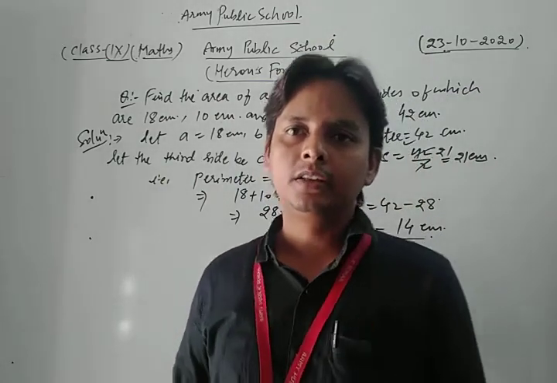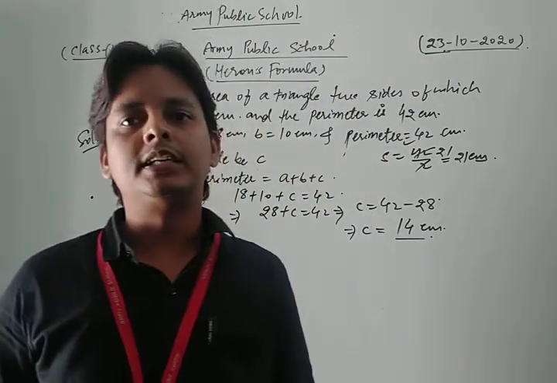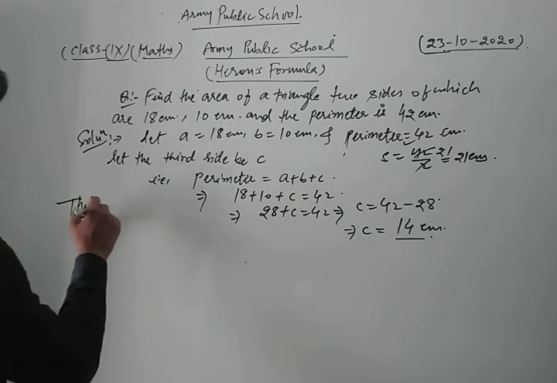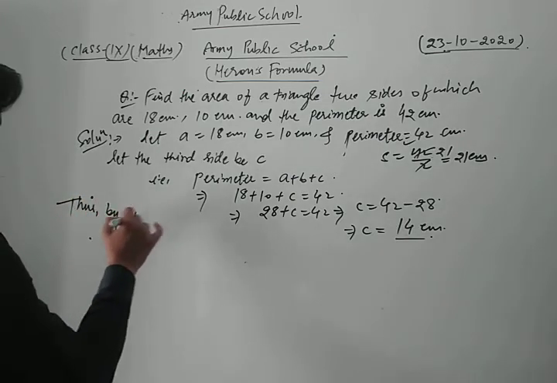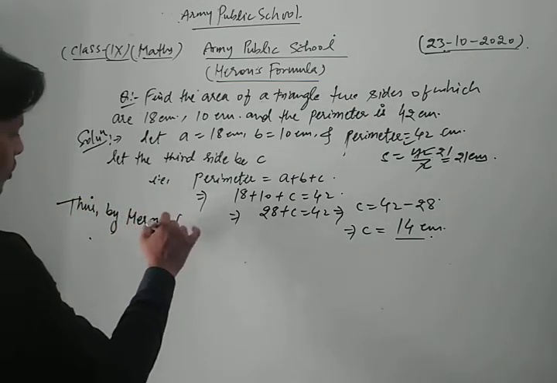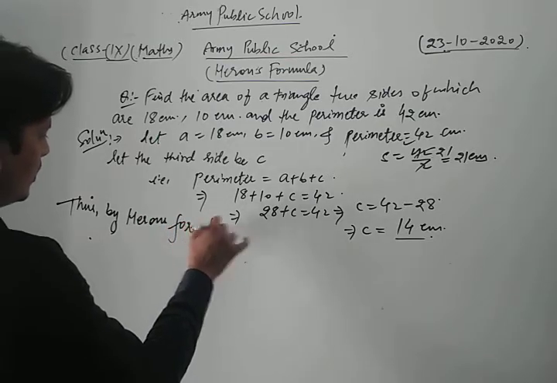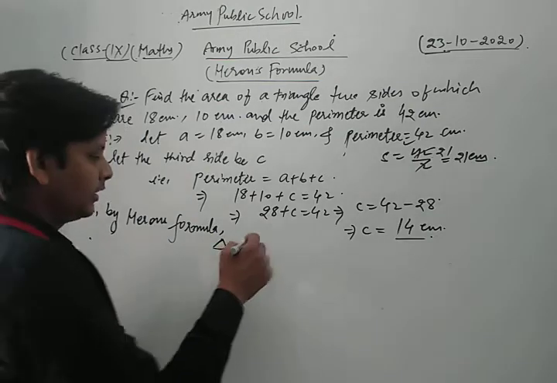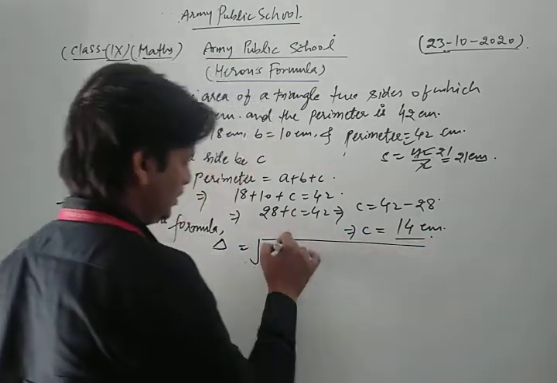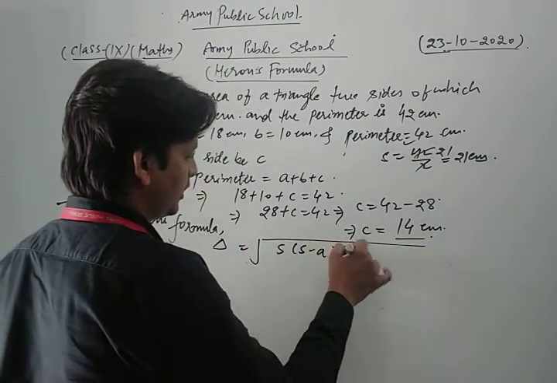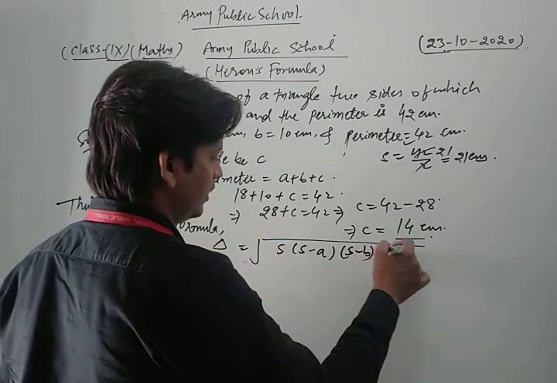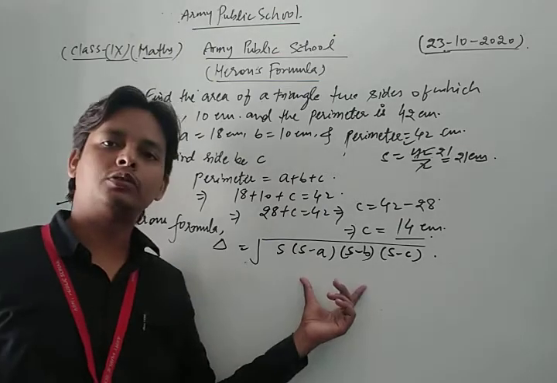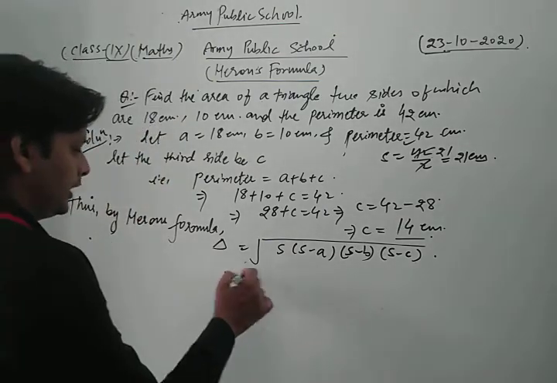Now we have all three sides. We apply Heron's formula and find the area of the required triangle. By Heron's formula, the area delta is equal to under root S into S minus A into S minus B into S minus C. Now we put all the values in the formula.